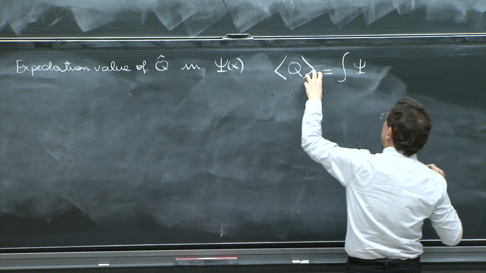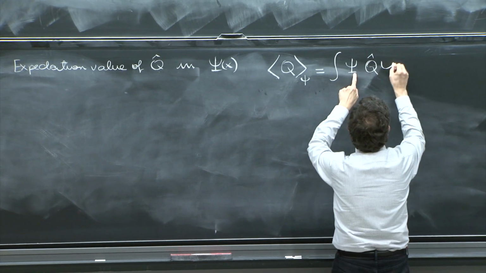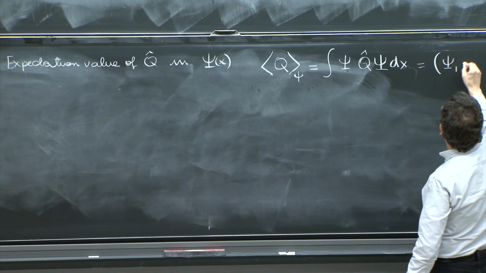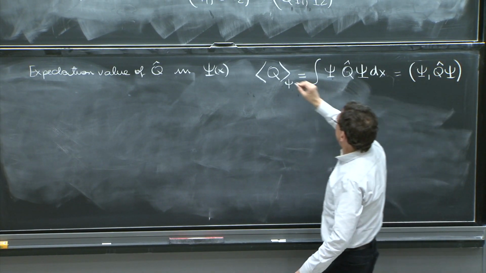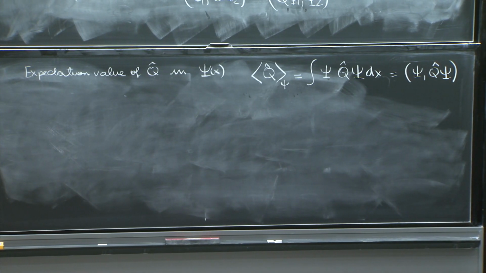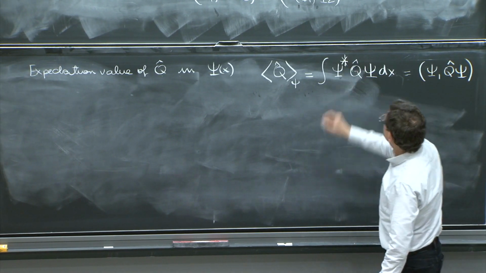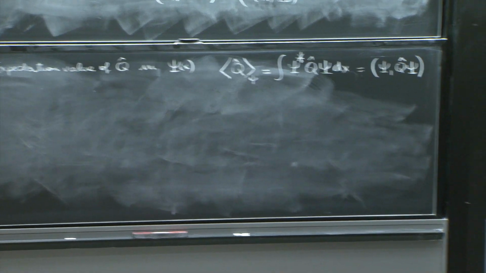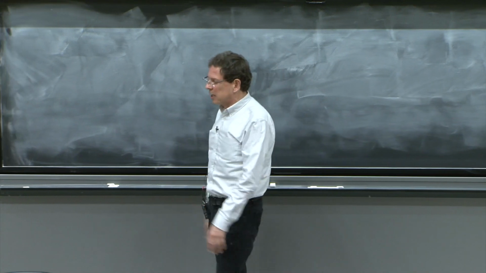The expectation value depends on the state you live in, and in the new notation it's psi, comma, Q psi. Put the hats over. This is the expectation value of Q. I'm sorry, I missed a star here.